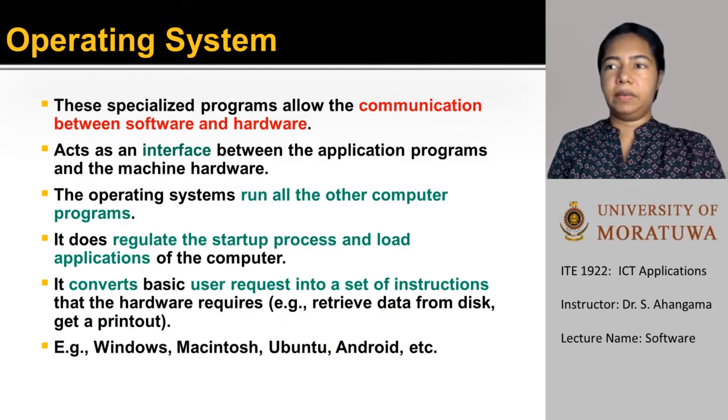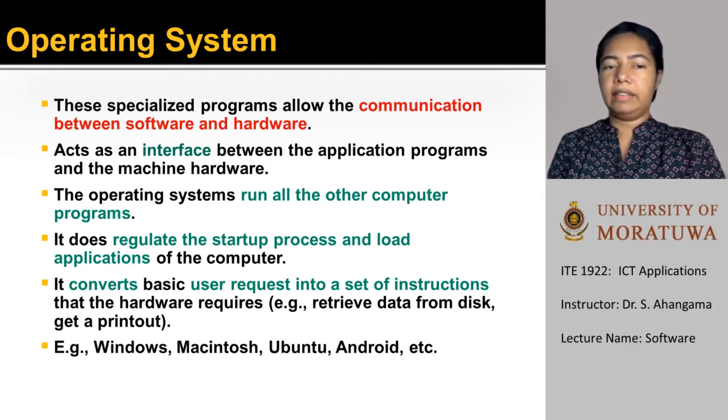Operating systems. An operating system tells the computer how to use its components. It allows communication between software and hardware. Every computer has an operating system. When the user gives a command, the operating system translates it into code that the machine can use.